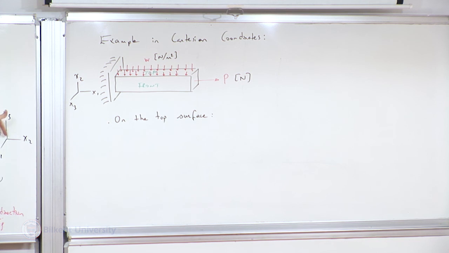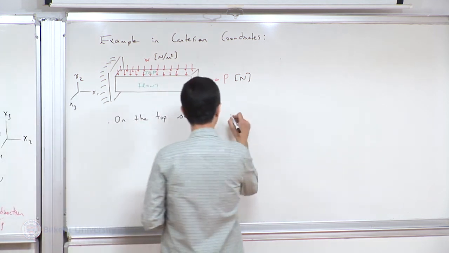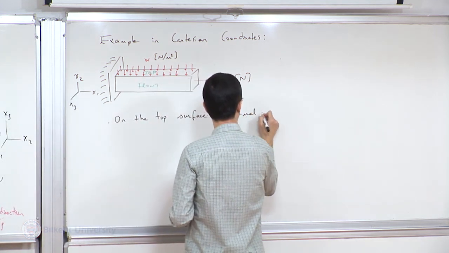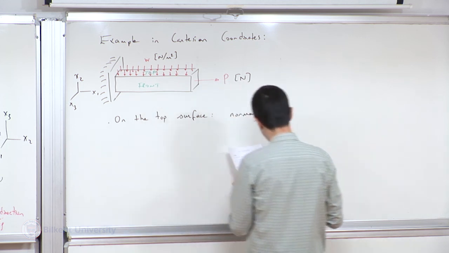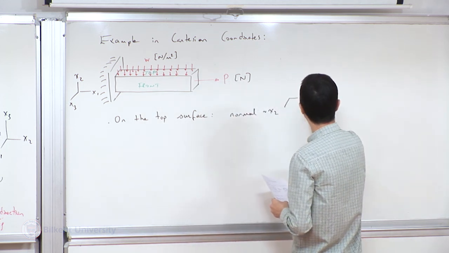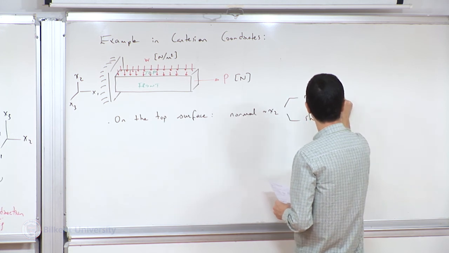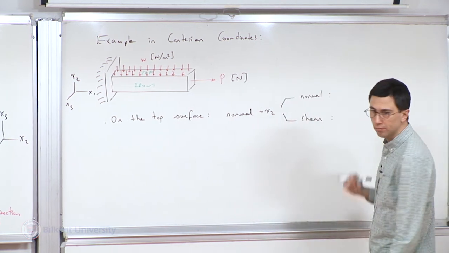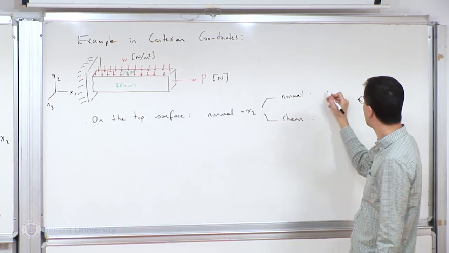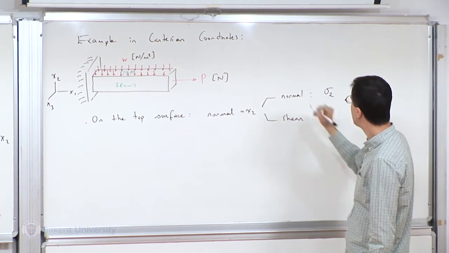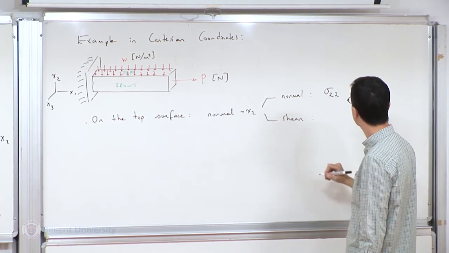So the components of the stress I'm going to be talking about are sigma 2,2, 2,3, 2,1 eventually. Normal is associated with x2, and we have normal stresses and, of course, shear stresses. So we are on the plane with normal 2, and I'm in the normal direction along the 2 direction.